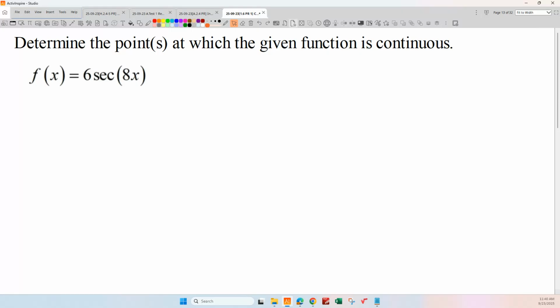Determine the point or points at which this function is continuous. Well, again, where is it discontinuous? How many places is this function going to be discontinuous?